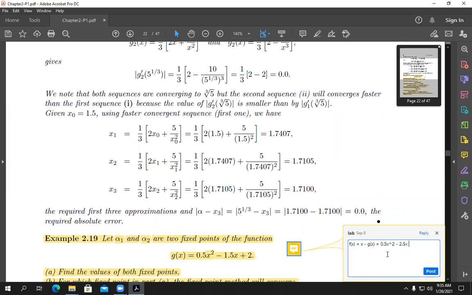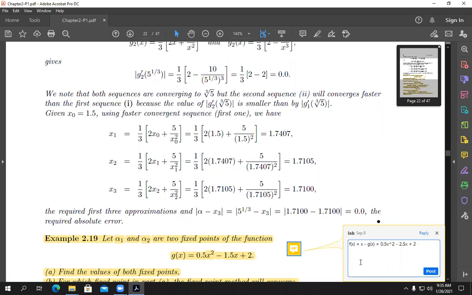No, it's this one. You have 1.5, okay, right? This is 1.5. And x is also present, so minus x.